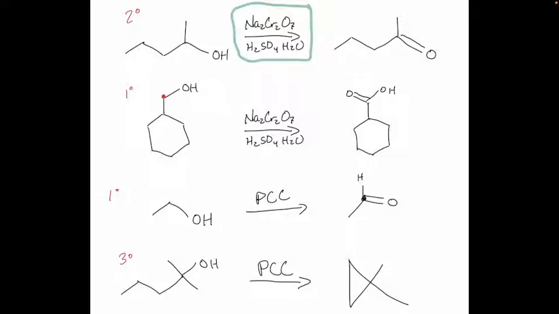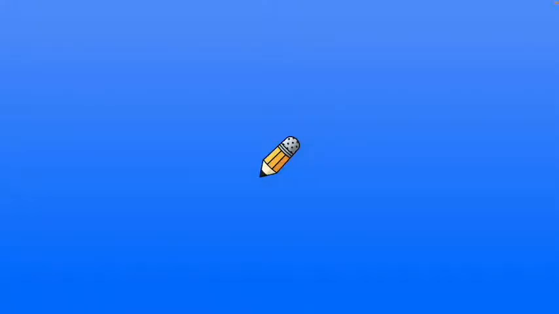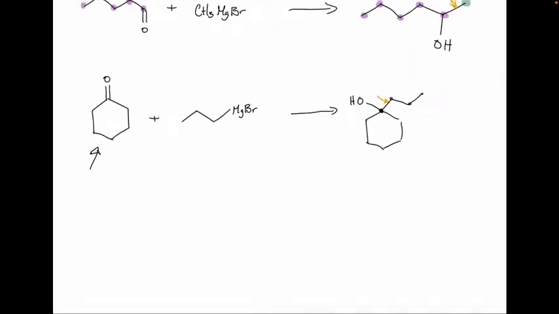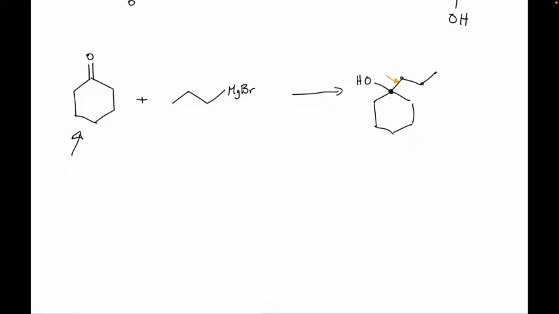Let's go back. So what do I mean? I can do something complicated like this. I'm going to take this alcohol and I'm going to hit it with my sodium dichromate. You don't have to remember all of these reagents, but these would have been the other ones there.